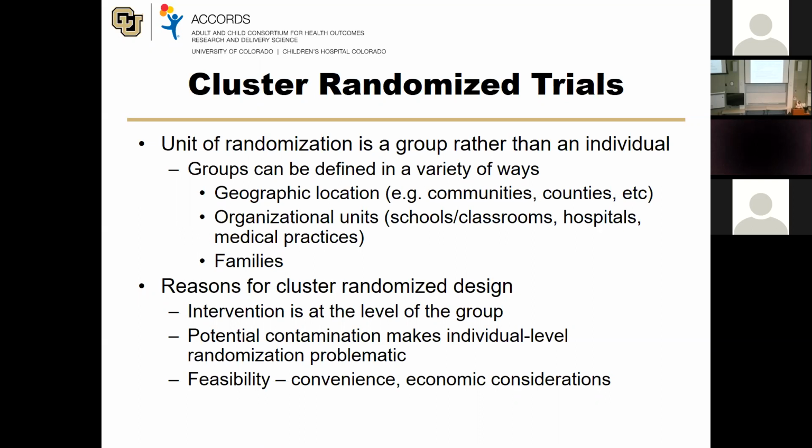The reasons for a cluster randomized design, this is not exhaustive, but some of the reasons include intervention at the level of a group rather than at an individual. Potential contamination can be a real problem in certain areas with individual level randomization. And sometimes feasibility, well, maybe often feasibility enters into it.